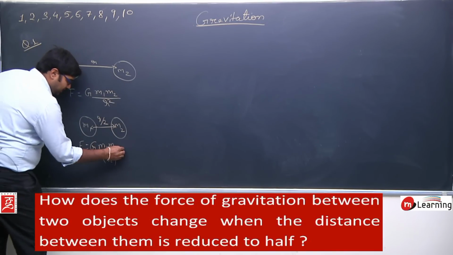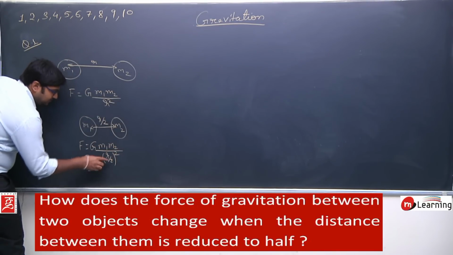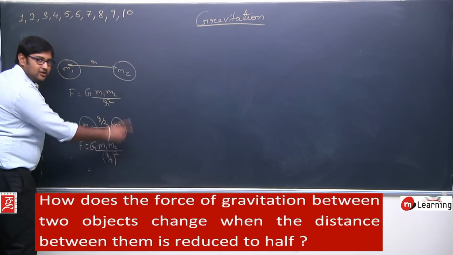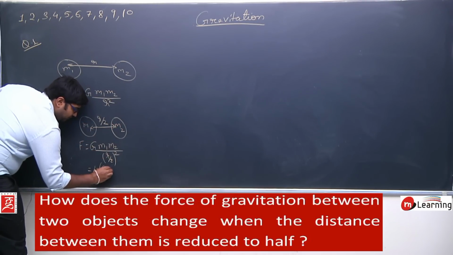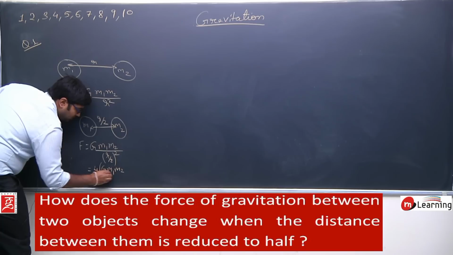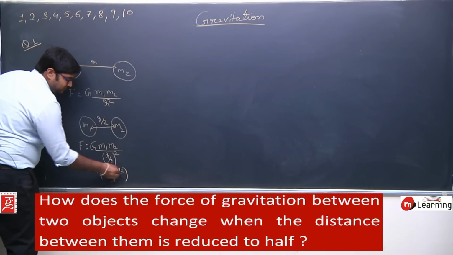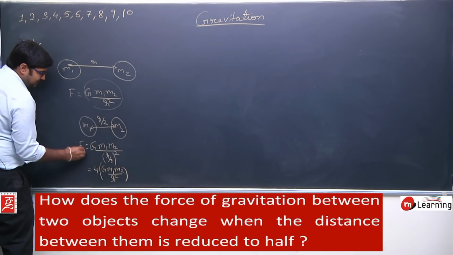So I can write this particular expression by taking r square, and the 4 will go up from the denominator, so it will become 4 times G m1 m2 upon r square. You can see G m1 m2 upon r square is equal to F, and this one, let us say, is F1.